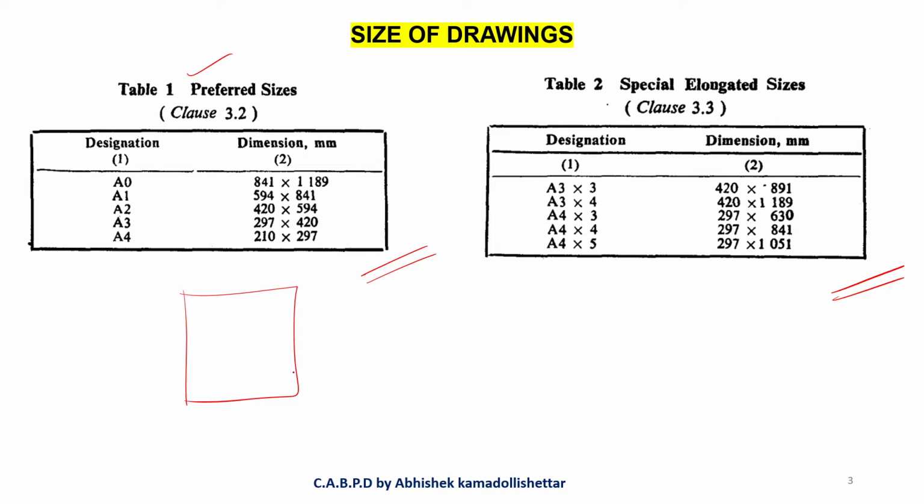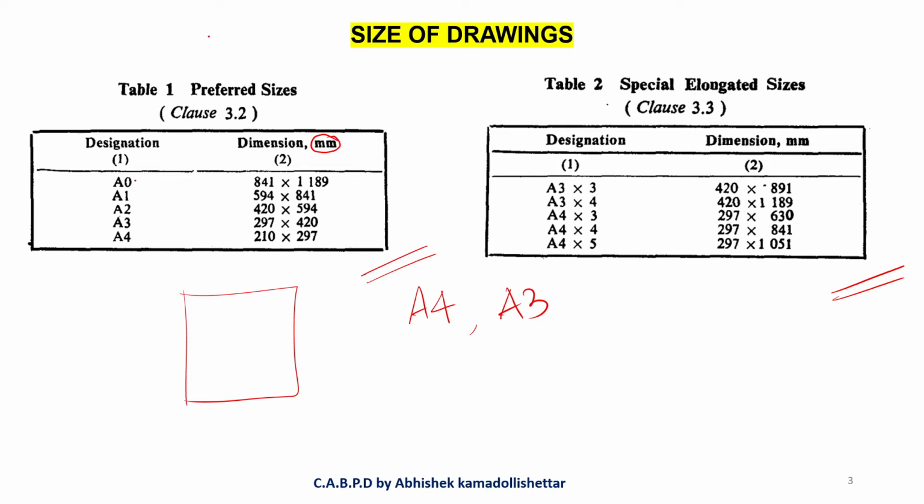I think you have already heard of drawing sheets like A4, A3 and all other things. So there are different types. You can see all the dimensions they have given in millimeters. You should know the dimension of an A0 paper. The only thing you should understand is the sizes which you are going to use as paper.